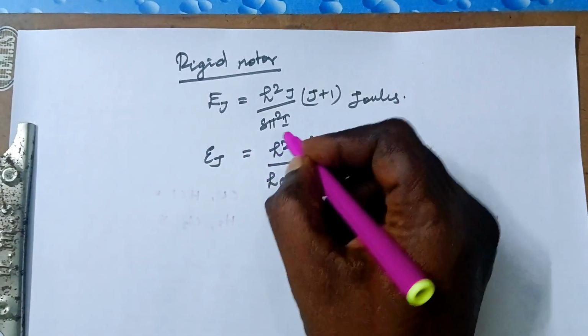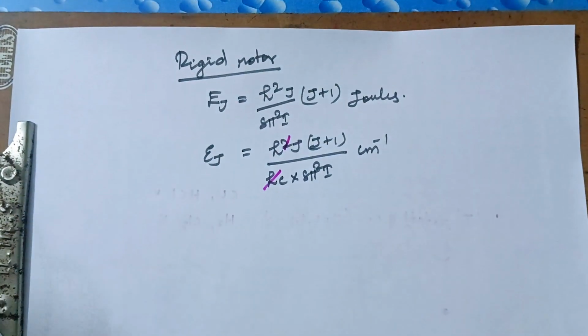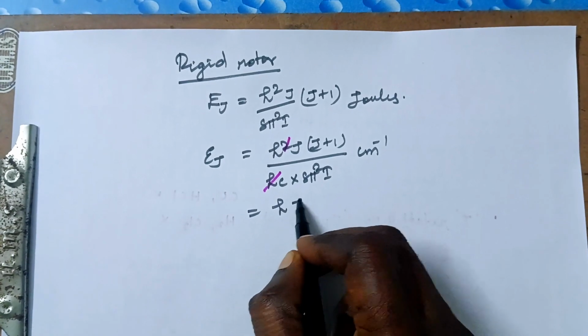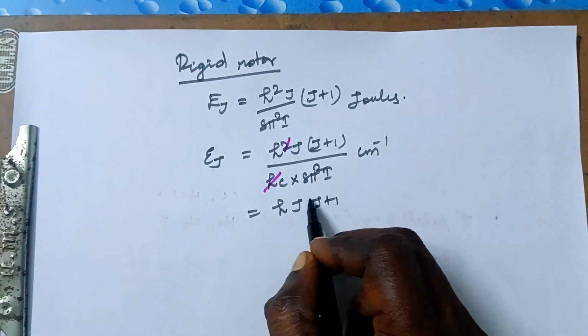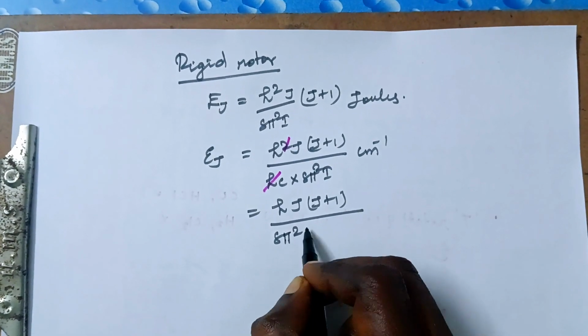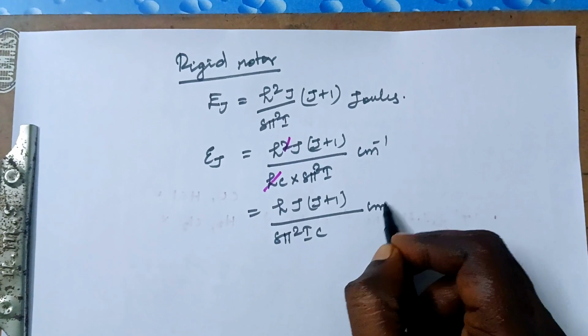So h squared, one h cancelled, that is equal to h into J into J plus 1 divided by 8 pi squared Ic per centimeter.